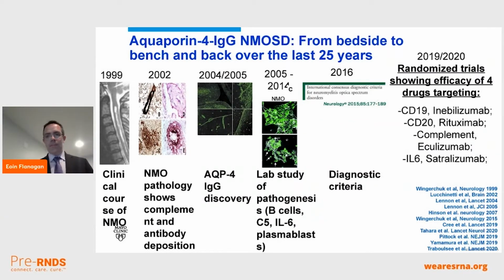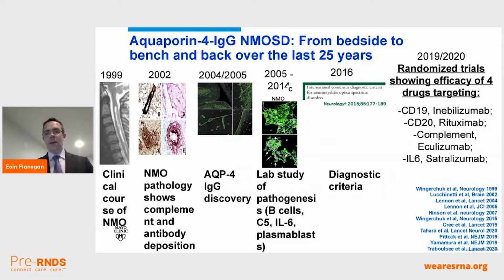In 2015 and 2016, diagnostic criteria were published for neuromyelitis optica spectrum disorder by an international group that defined the disease and gave particular characteristics to the criteria. And then in 2019 and 2020, we really had the breakthroughs of treatments to prevent attacks of this disease.